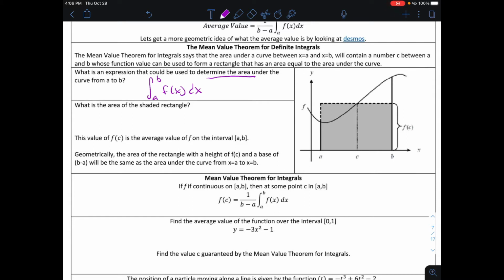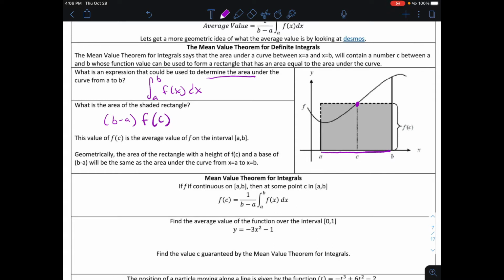Now, the area of the shaded rectangle: my shaded rectangle has a base of the distance between a and b, so b minus a, times the height of that rectangle, which is the function's value at x equals c, so times f of c.